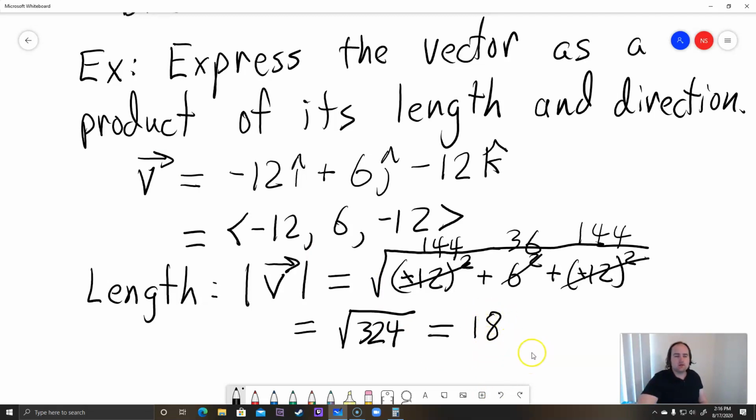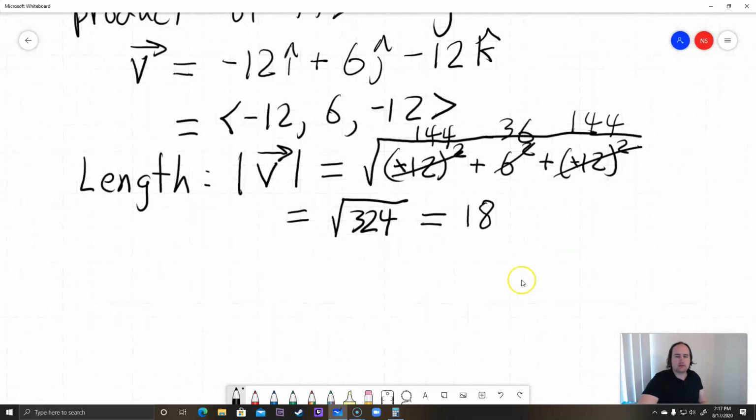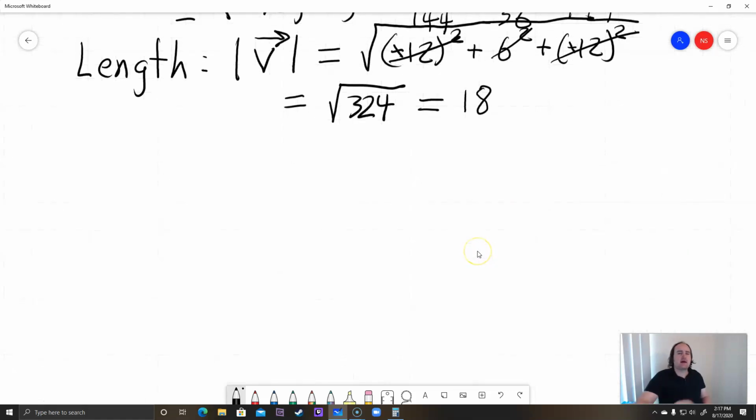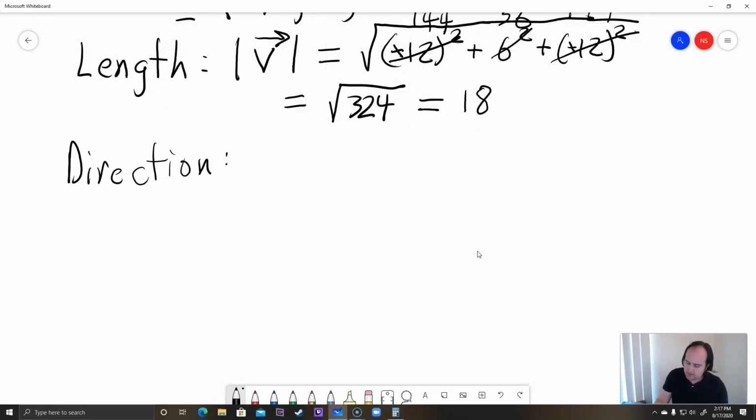Okay? So, but we want to express the vector as a product of its length and its direction. Okay, so let me scroll down here. We found the length. How do we find the direction? Well, the direction, we just said, is the same as vector v divided by its length. So vector v divided by the length of v.